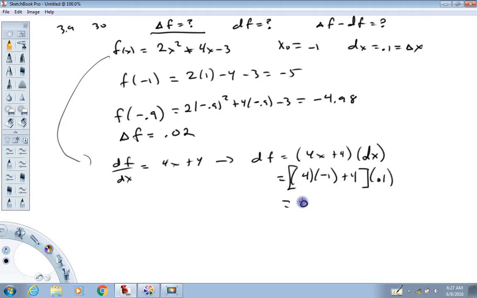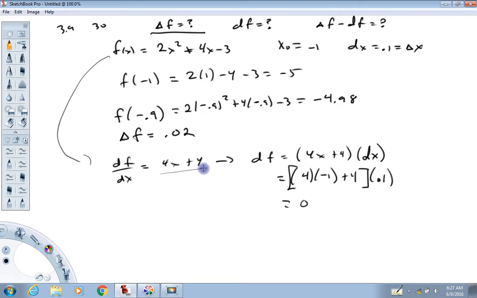That gets basically 0 out of that, which is fine. That means that the tangent line is pretty close to horizontal at that point. Actually, it is horizontal, because df dx would give you the slope of the tangent line at that point, and when you put a -1 here, you get a 0 out of it.